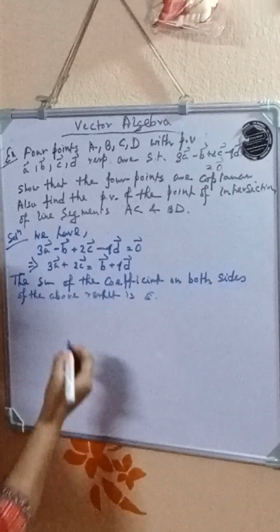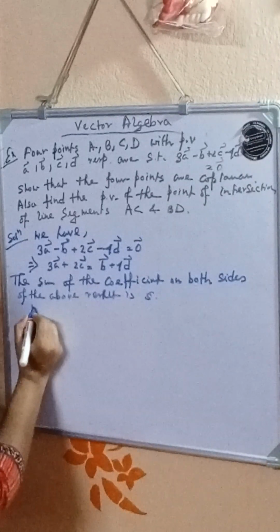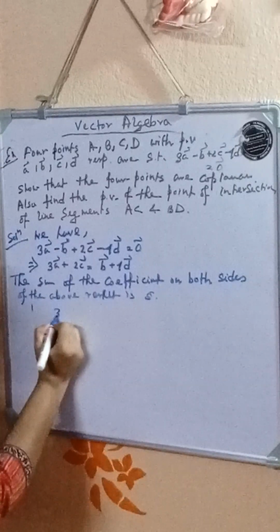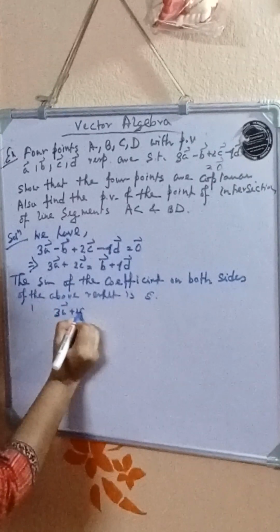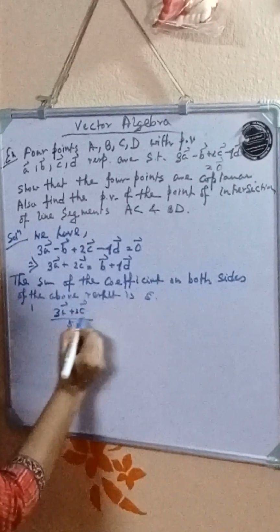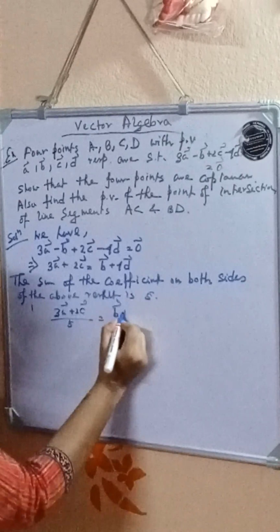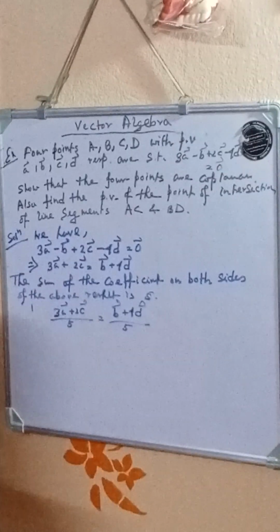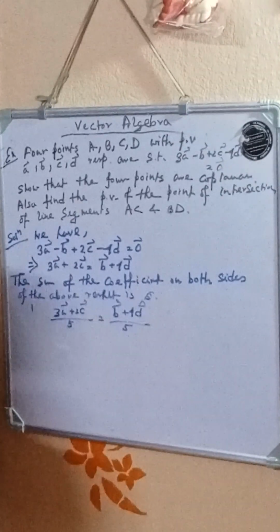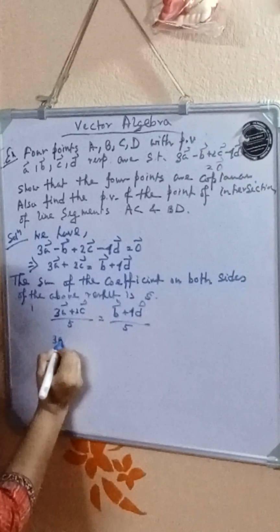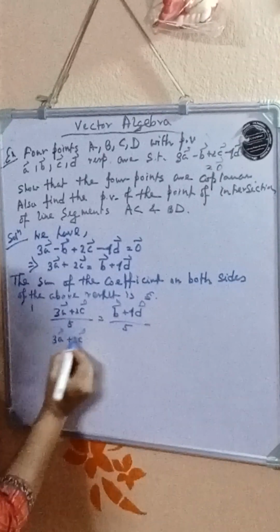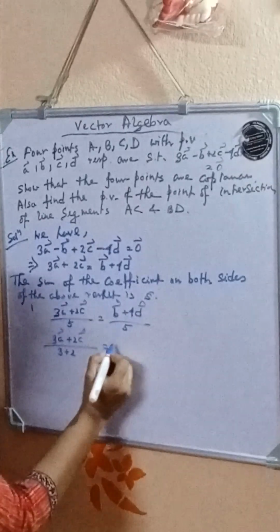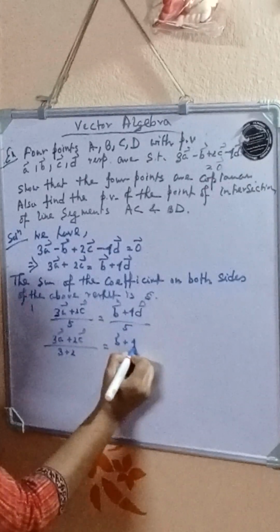Now if we divide both sides by 5, then we get (3A vector plus 2C vector) by 5 equals (B vector plus 4D vector) by 5. Now we can write 5 in terms of 3 plus 2 on the left and 4 plus 1 on the right.